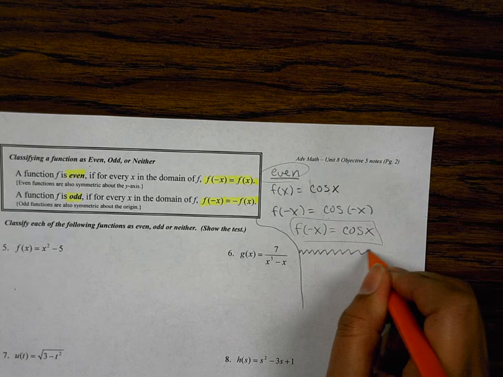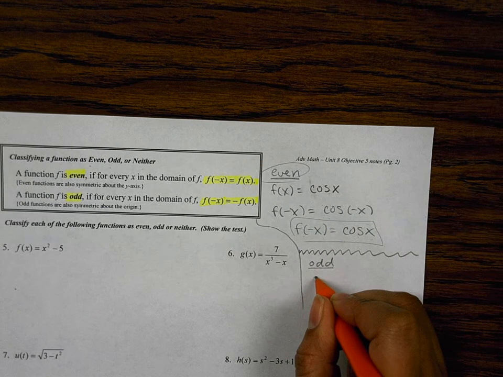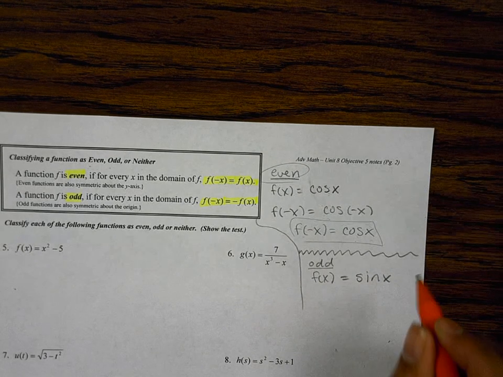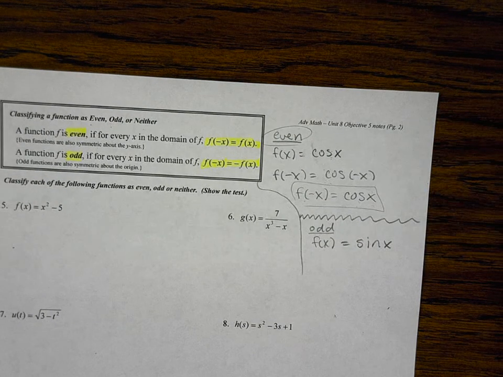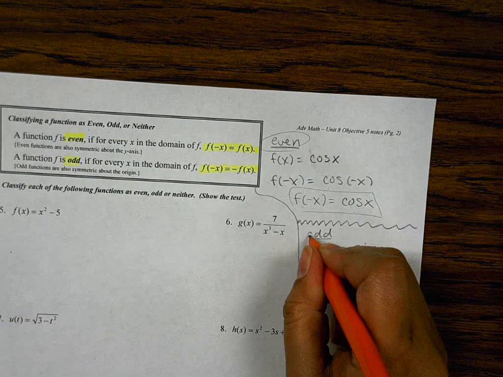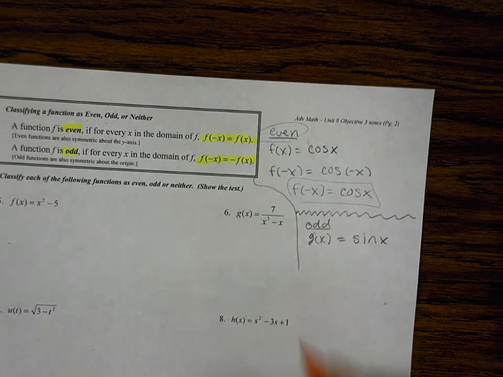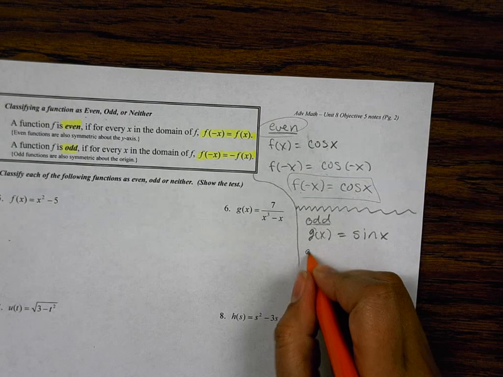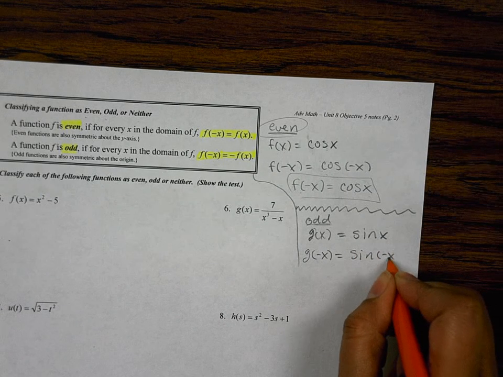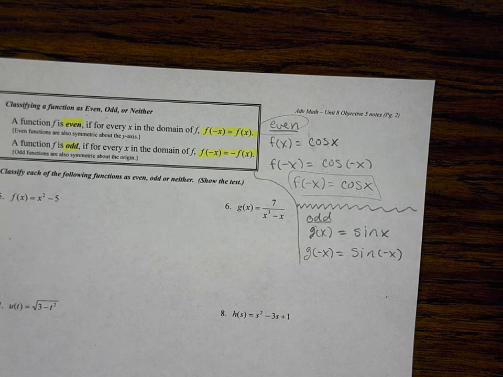That's why we called them even-odd. I don't know if you recognize that we called them even-odd, but we did. The odd function, there were two of them. I'm only going to do the sine. I will call f of x sine of x. You can call it tangent of x was the other one. We'll change this to g just to use a different letter. G of x equals sine of x, and let's apply this rule. G of -x equals sine of -x.